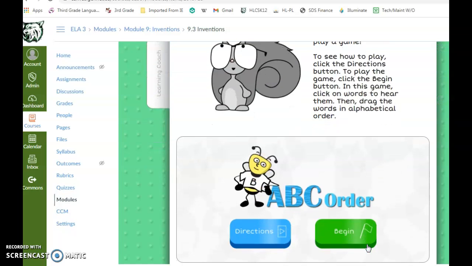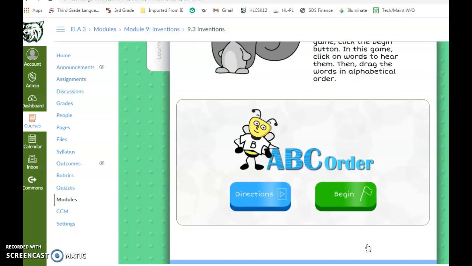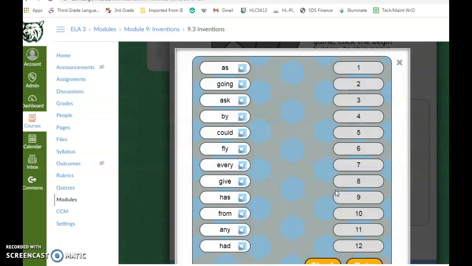All right, so looking at a game that you can play, this is putting them in ABC order. Looking at the first letter, start going through the alphabet. A, so we have as, any, and ask. If we have three words that have an A, then you look at the second letter.